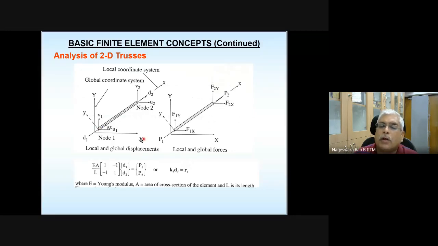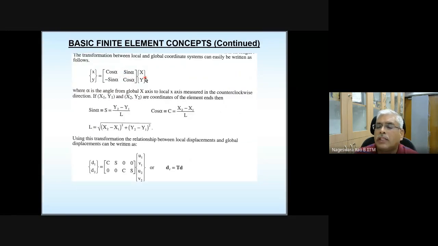If you know the locations of node 1 and node 2, you can easily find the length of this bar element, cos alpha, sine alpha, and get this entire transformation matrix. Once you get this transformation matrix, displacements and forces also get transformed in the same manner.